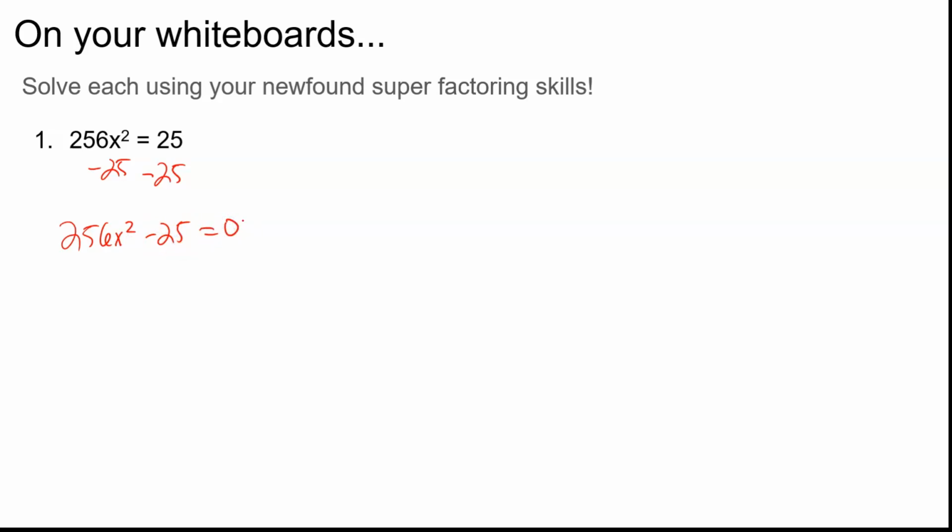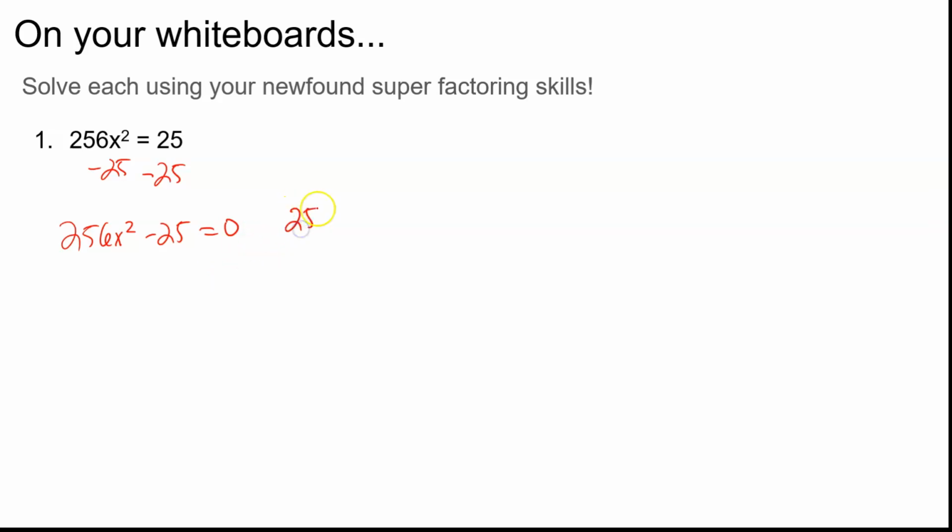Believe it or not, 256 is a perfect square. You can check in your calculator if you don't believe me. But the square root of 256, I think, is 16. Could be wrong. But I'm not.